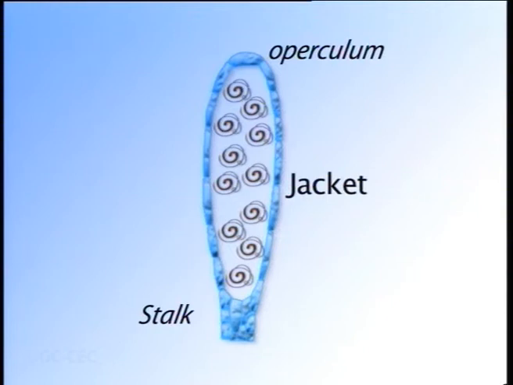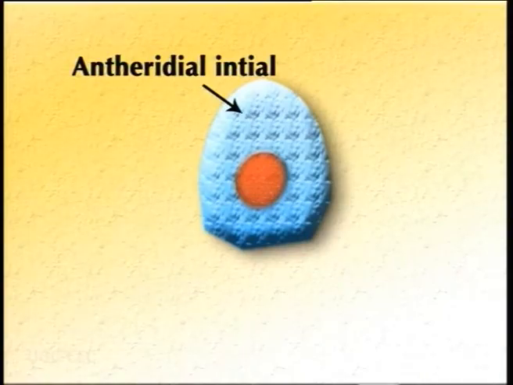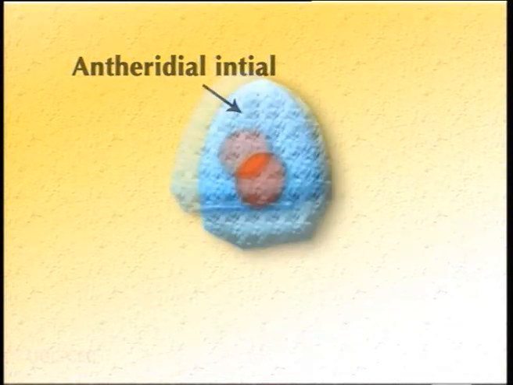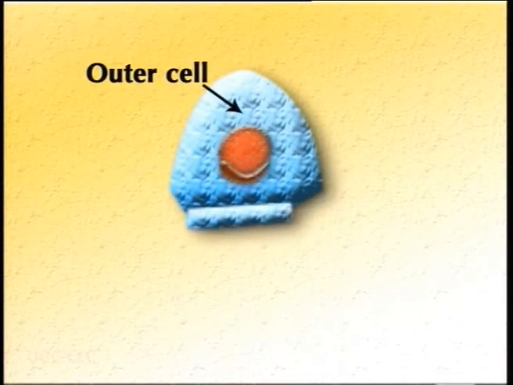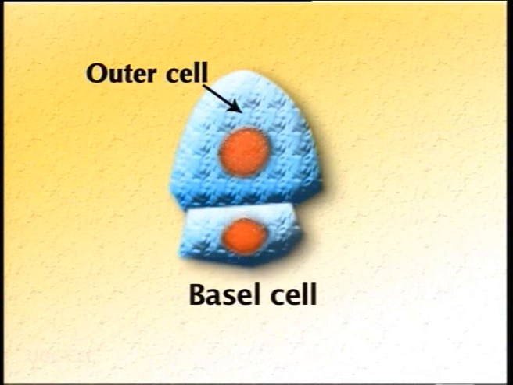As far as development of antheridium is concerned, the antheridium develops from a superficial cell, the antheridial initial. It is located at the apex of the antheridiophore. The antheridial initial becomes papillate and divides transversely to form an outer cell and a basal cell. The latter forms the embedded part of the stalk of the antheridium.